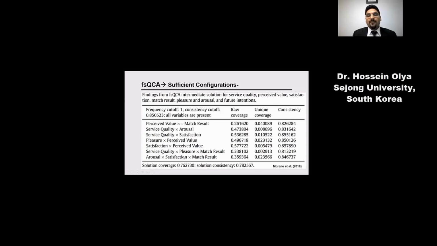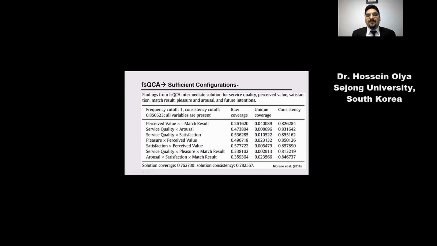Look at the causal recipes. If arousal is high, satisfaction is high, and match result is satisfactory, then probably they have more intention to come to this event. It's not just one model. You can see they came up with several models.